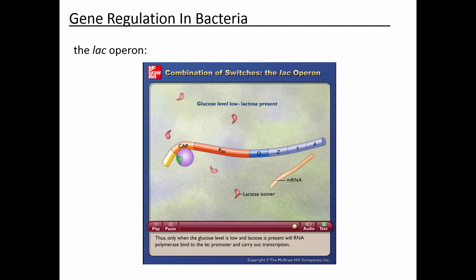Okay, so that took you through the regulation of the lac operon. Again, you can see that there was an activator involved, and that is called CAP. I'm not going to ask you what CAP stands for, but it stands for catabolite activator protein.